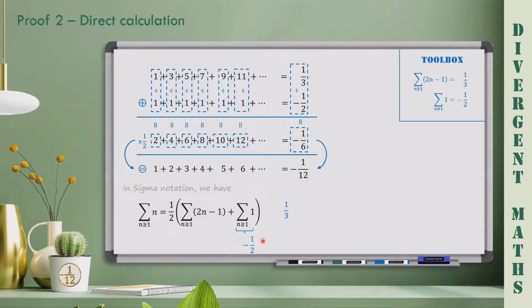The second half is -1/2, we plug it here. Let's not forget the 1/2 in front as a factor, and then we have 1/2 of that expression, which is -1/6. 1/2 of -1/6 is of course -1/12. And that's it. We have established the proof, as a direct calculation, of the sum of the monotonic divergent series of natural numbers.